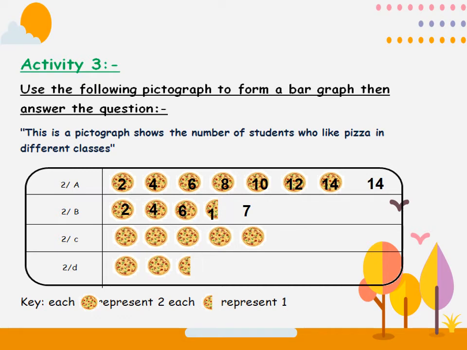In 2C, I have 2, 4, 6, 8, and 10. 10 students like pizza. 2D finally, 2, 4, and 1, which is 5 students like pizza. Do you understand, primary 2? We took it before, remember.